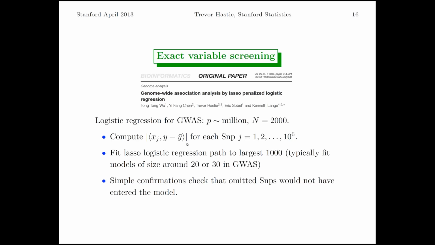You can fit your GLMNET path just to those 1,000 variables. And with GWAS, we typically stop when you've got 20 or 30 variables in the model. Then you can go back and check for all the million, including all those that you left out, whether they would have stood a chance of coming into the model. And if they didn't, you're done. So this is an example of screening.